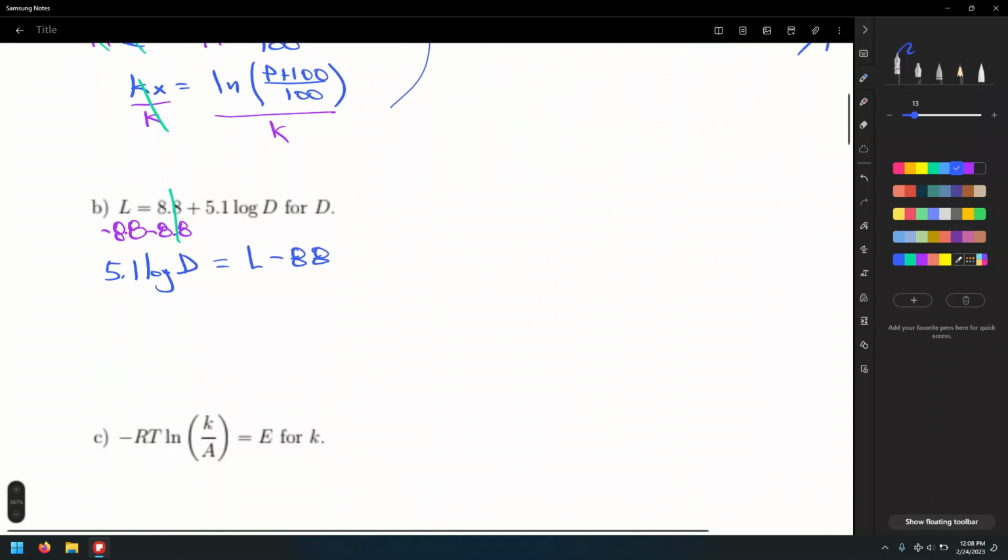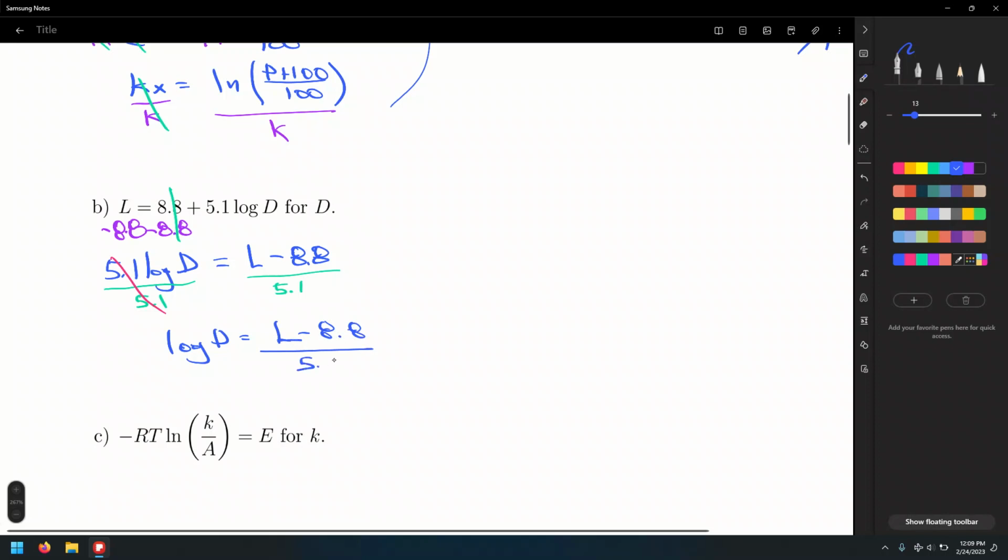We have that 5.1 multiplying the logarithmic operator. We could do the anti-logarithm, but not yet because we have that coefficient. So let's divide both sides by 5.1. That's going to cancel the 5.1s and give us log of D equals L minus 8.8 over 5.1.